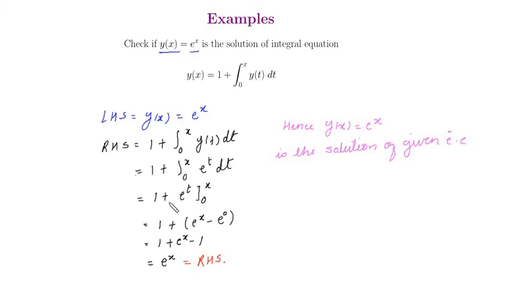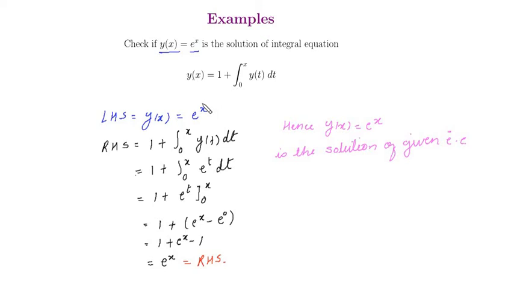That's all. So it's very simple to check whether the given function is the solution of an integral equation or not. Just substitute your given value in place of y and check whether you are getting your right hand side and left hand side the same.